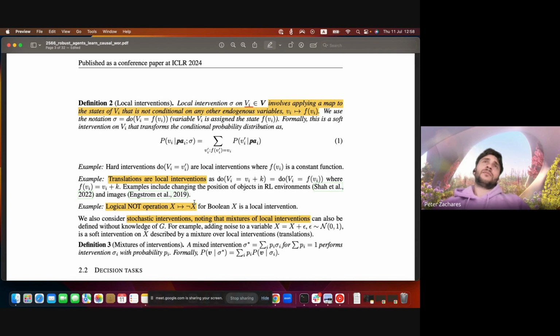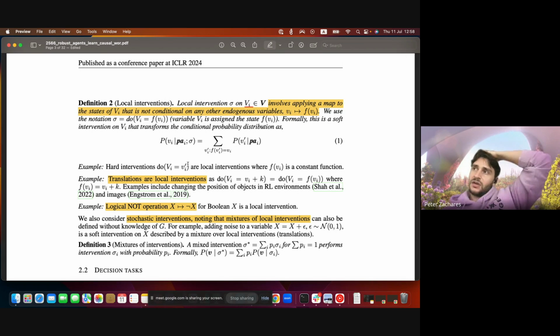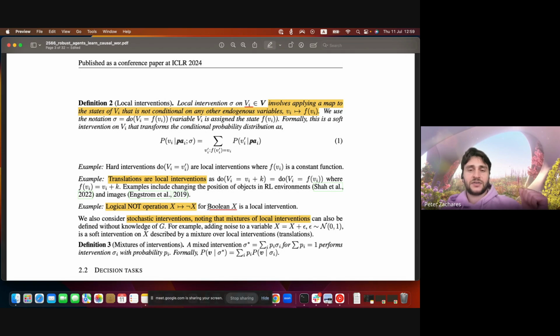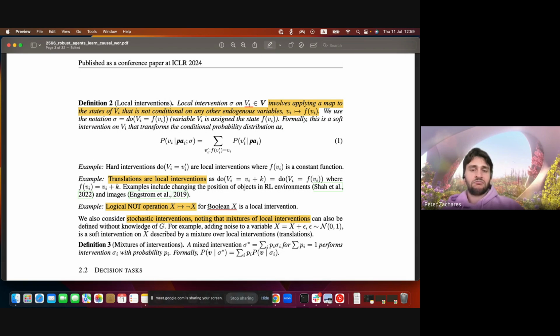Removing an object would be a soft intervention, but these are local interventions that I'm talking about. A local intervention changes the value of, well, it depends. If one of the variables in your causal model is the existence of that object or not, like a Boolean variable, then removing it would be a hard intervention, because you're just saying it's always not there.